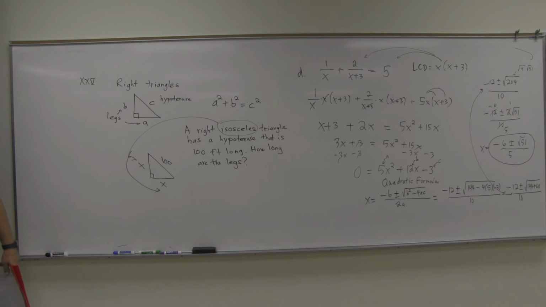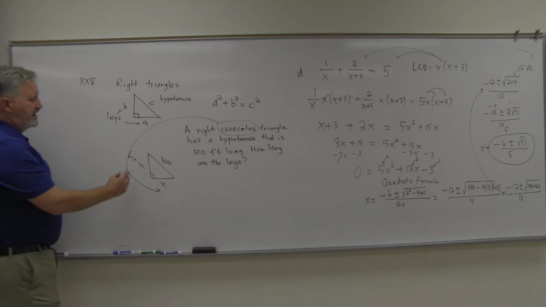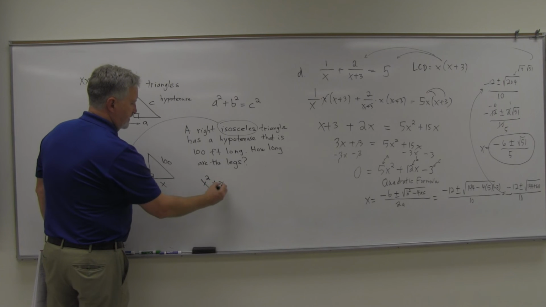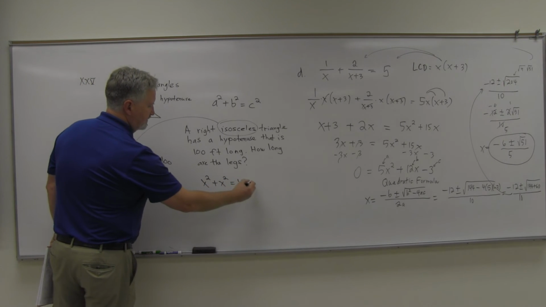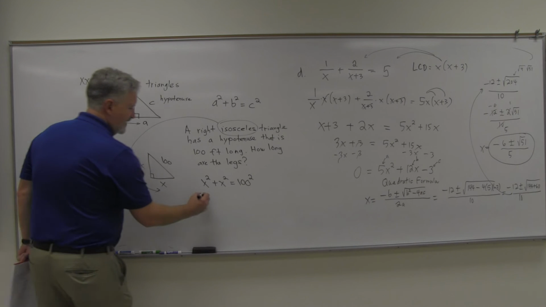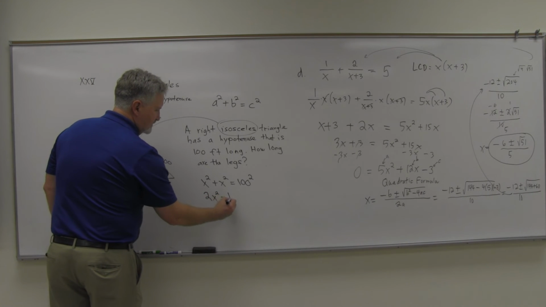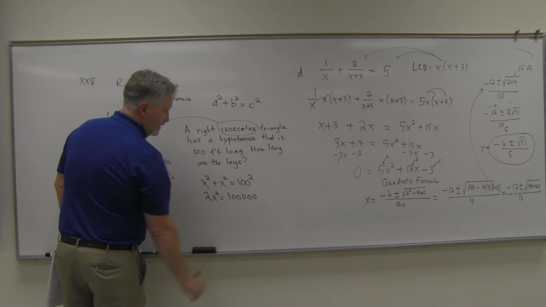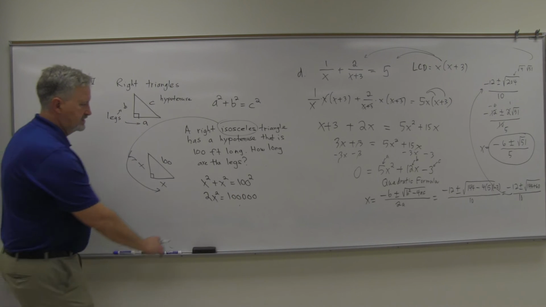This one works out nicely because in a squared plus b squared equals c squared, we've got x squared plus x squared equals 100 squared. That's our equation. We can combine those to be 2x squared equals 100 squared, which is 10,000.